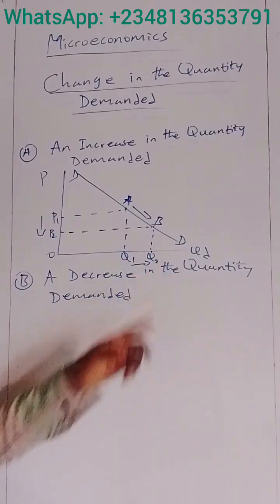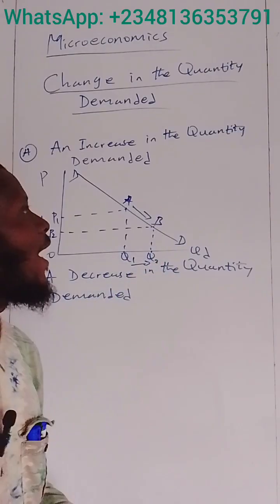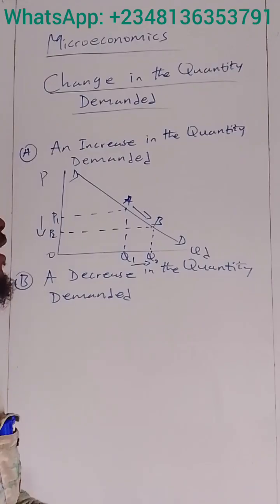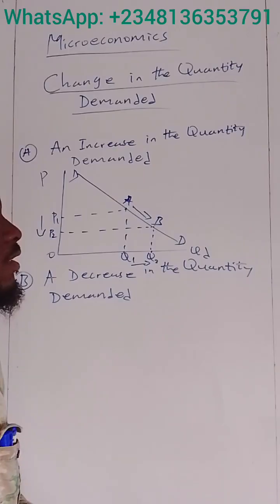You can see we have Q2. So summarily, an increase in the quantity demanded is mainly caused by a decrease in the price of the commodity, not other factors at this time.